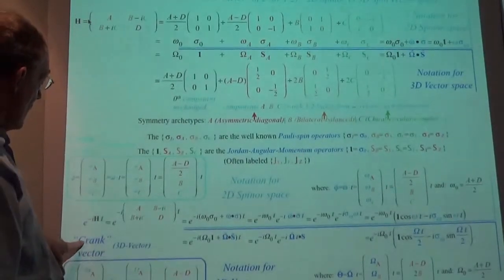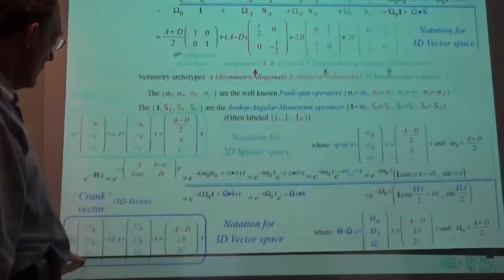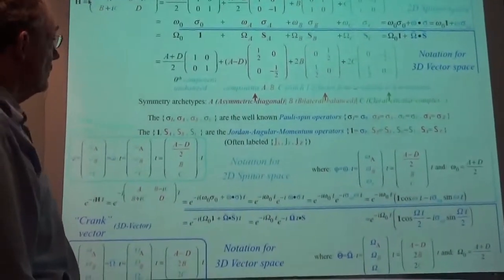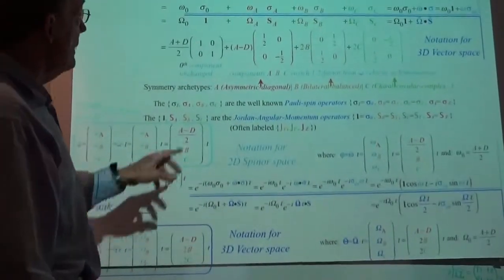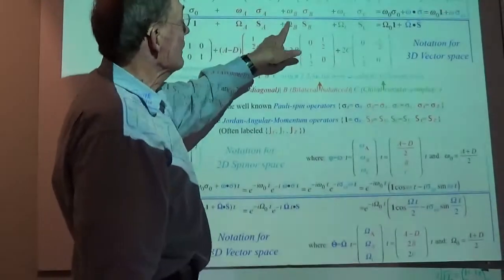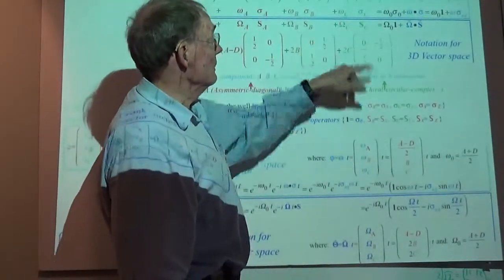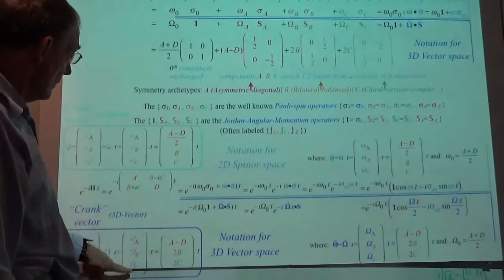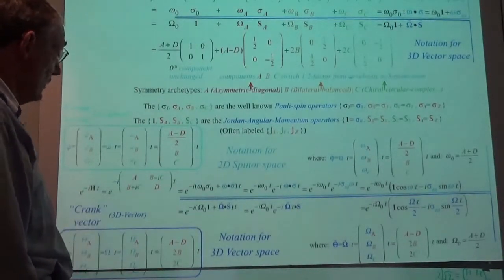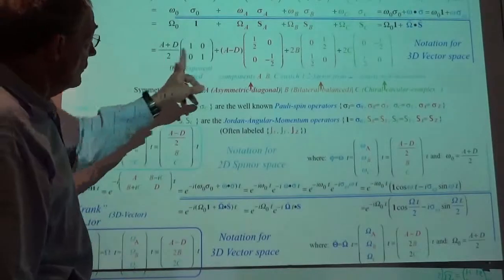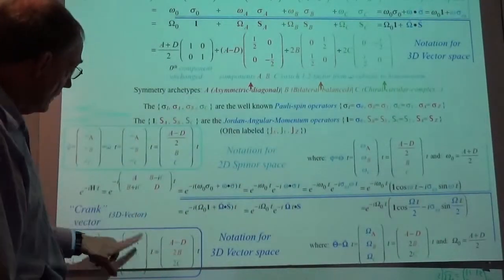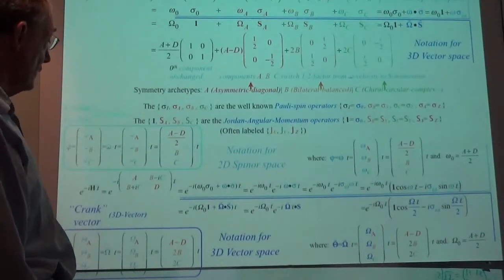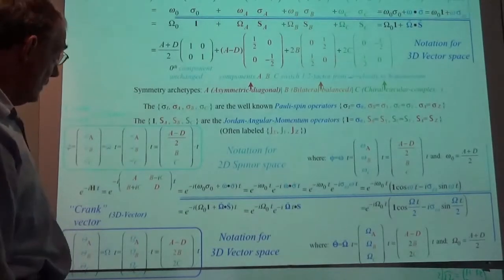And there's an object called the crank vector, which is simply proportional to a vector made out of the coefficients omega A, omega B, and omega C. And we have them in that order here, A, B, and C, when we listed them here, and then we'll be listing in our three-dimensional vectors that way as well.